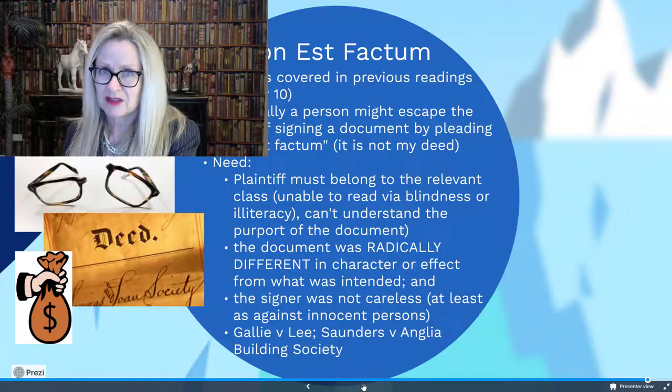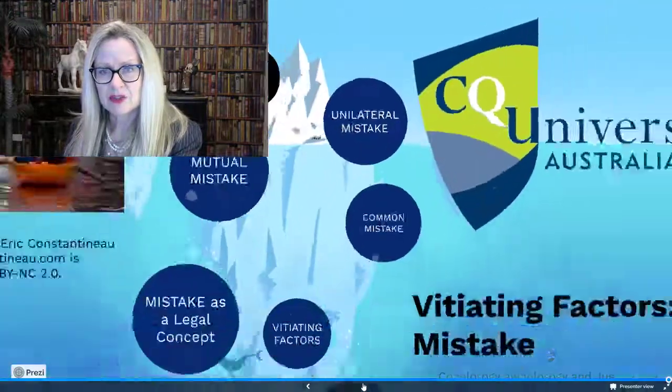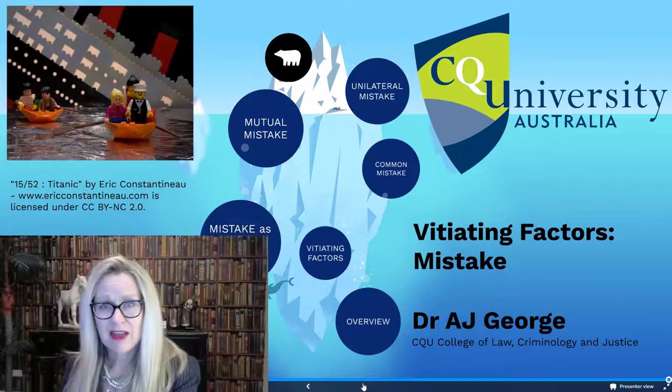At least as against, when you're up against the other party being a completely innocent person, you have to show a lack of carelessness. And if you can show those things, you may well have the court declare the contract void for non est factum. Have a look at the Gallie and Lee case there. So that is unilateral mistake. And that is the vitiating factor of mistake.